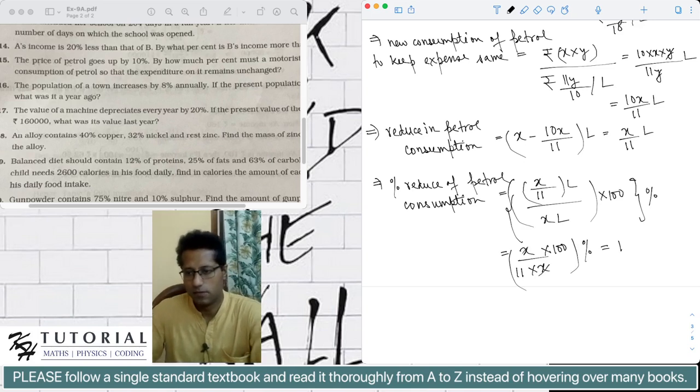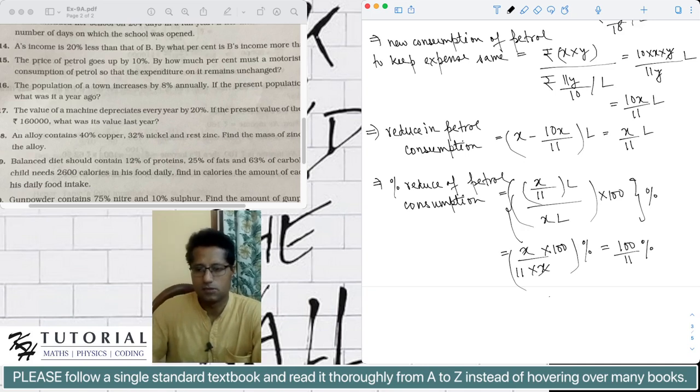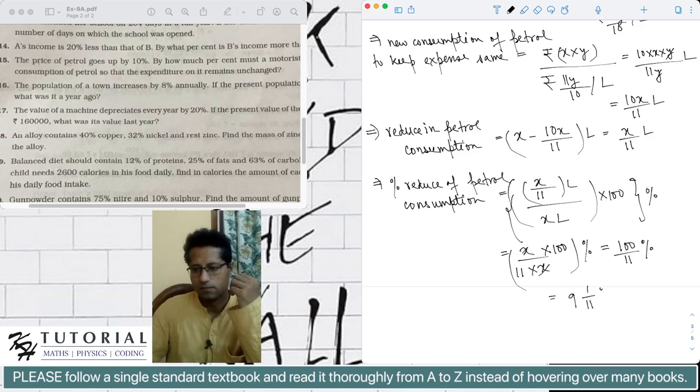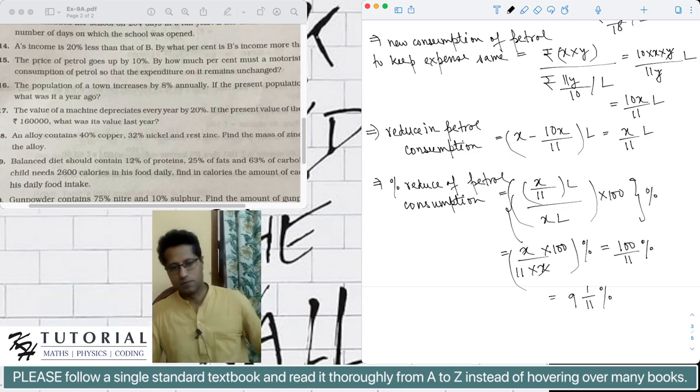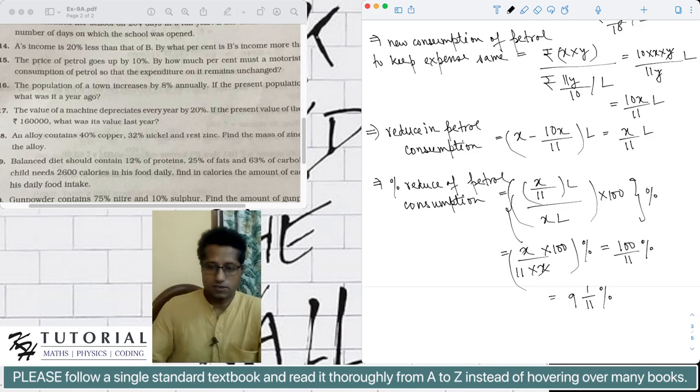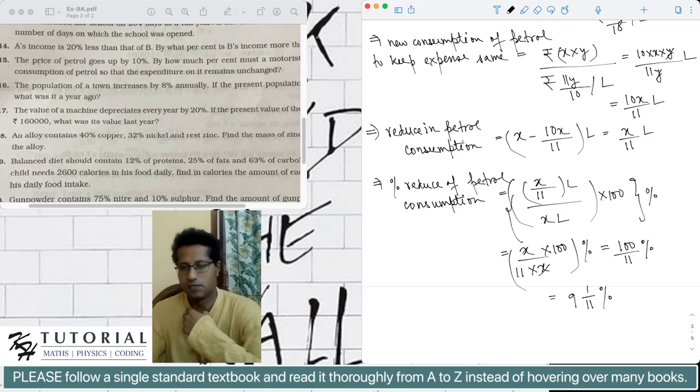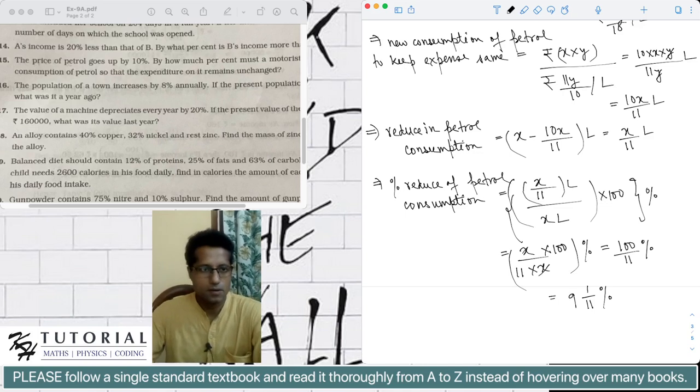This is equal to 100 by 11 percentage, and this is an improper fraction. So in mixed fraction it will be 9 and 1 by 11. So 9 and 1 by 11 percentage of reduction in petrol consumption has to be done by the motorist, so that the expense remains unchanged after the price of petrol goes up by 10%. So this is the answer.